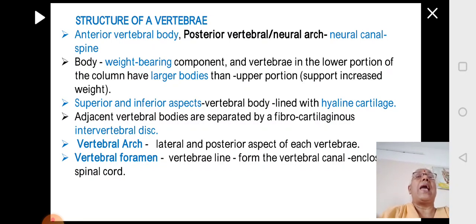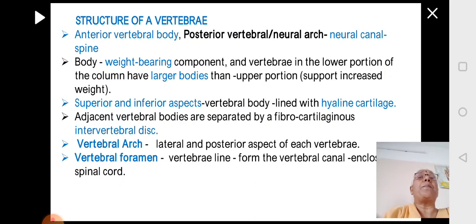The body will have superior and inferior aspects, and it will be lined with hyaline cartilage. The two vertebrae which are placed next to each other are separated by an intervertebral disc, which is made up of fibrocartilage.